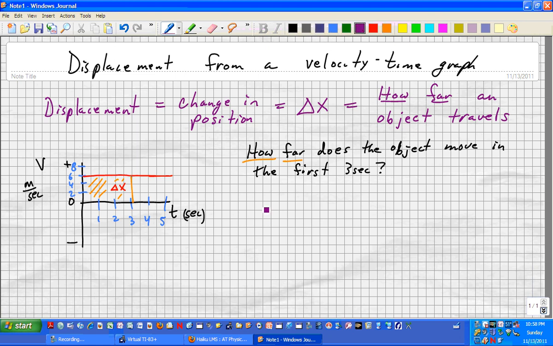Well, looking at this, in order to get the area, I would take the base times the height. Here's my base of this rectangle. Here's my height of this rectangle. So that would be my change in position.